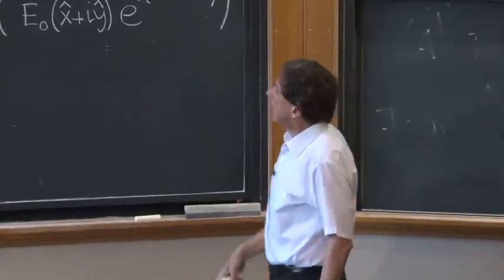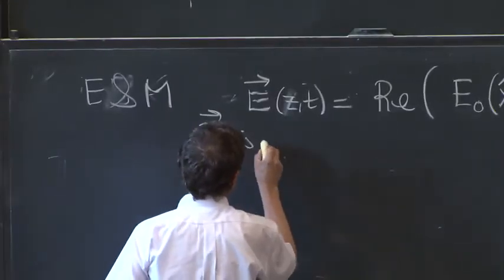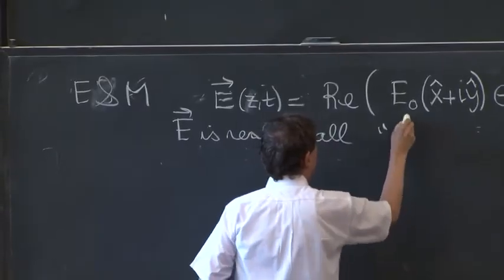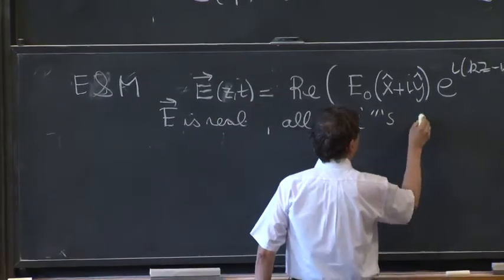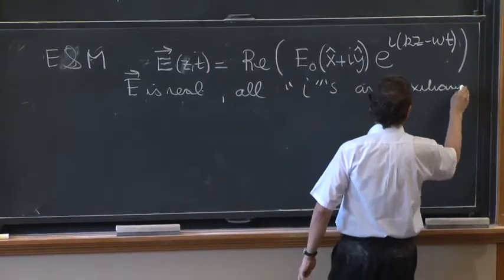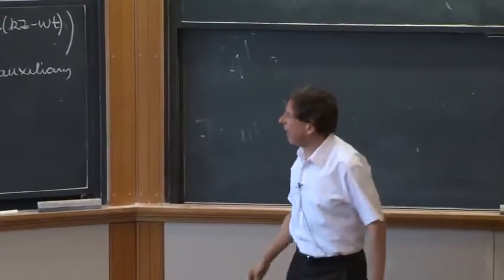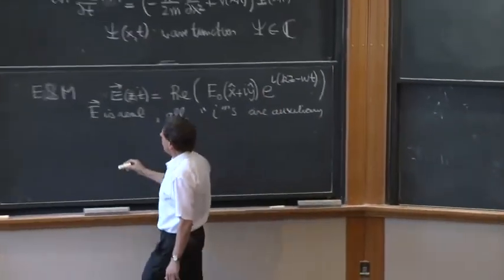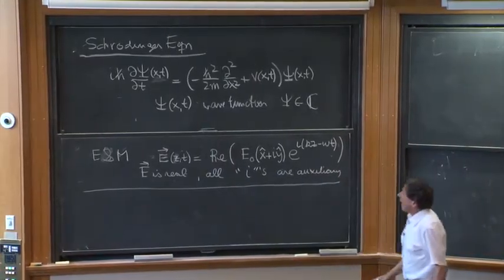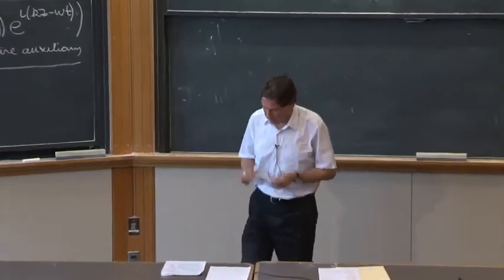So in here, E is real, and all i's are auxiliary. This is completely different from the case of the Schrodinger equation. This i there is fundamental. The psi is the dynamical variable, and it has to be complex.